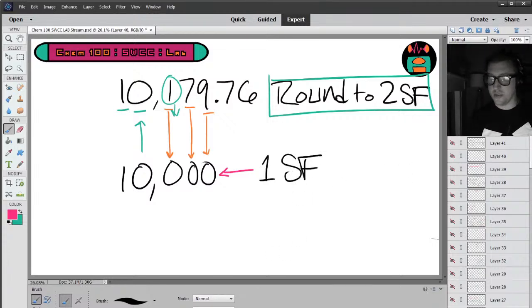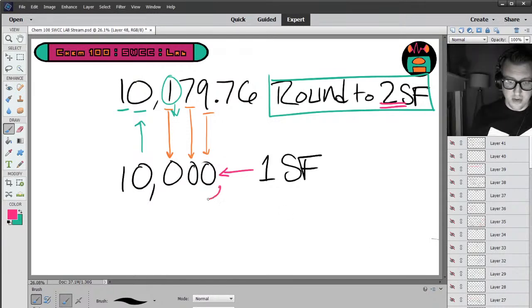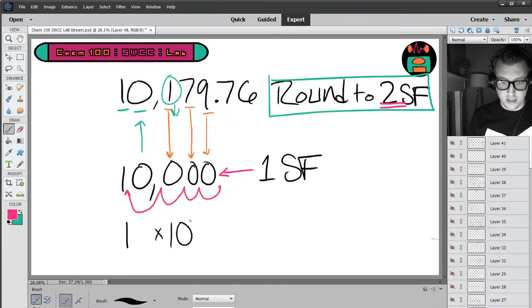And we were told to round to 2 sig figs. The only way to write 10,000 with 2 sig figs is using scientific notation. So first, we're going to convert this to scientific notation, taking our decimal and rolling it over 1, 2, 3, 4, because we've got to place our decimal after our first non-zero digit. So this will be 1 times 10 to the 4th. Again, it's 10 to the 4th because we had to bounce our decimal place over 4 spaces.